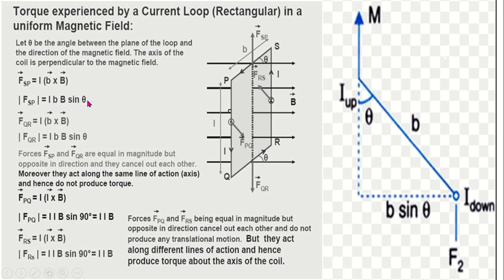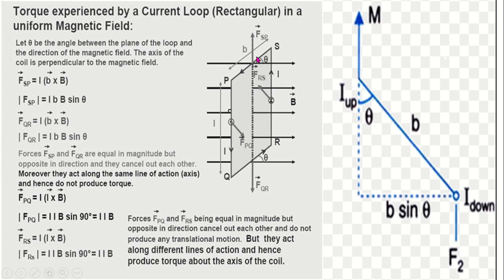The value of sine theta we don't know, so we don't put a value of theta here; rather we keep it as theta. The force acting on this arm, F_QR, equals I b cross B, so in magnitude it is I b B sine theta. You are seeing these two forces are equal in magnitude but opposite in direction.